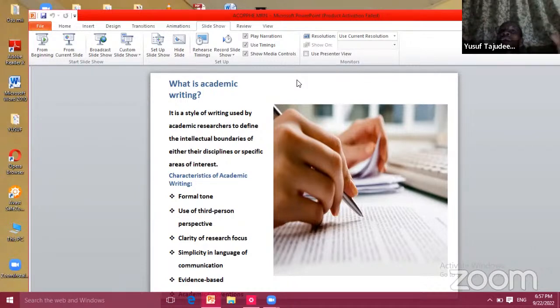That will give you a clear picture of what you want to write on. And if it's a collaborative work, you can share the abstract with peers and they will have the idea of where you are going and what you are writing on.